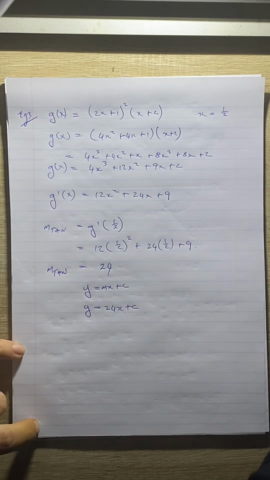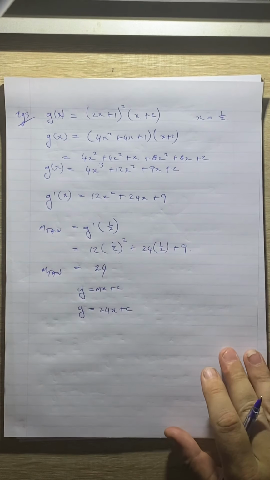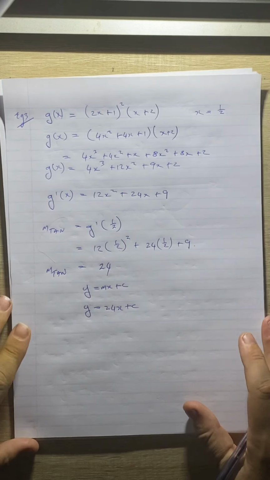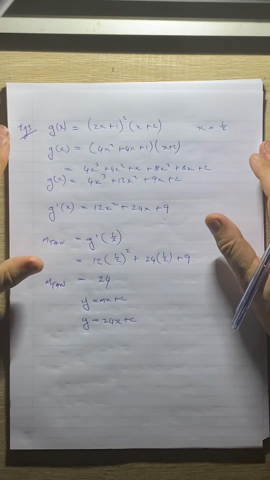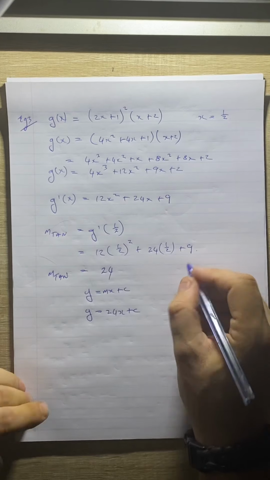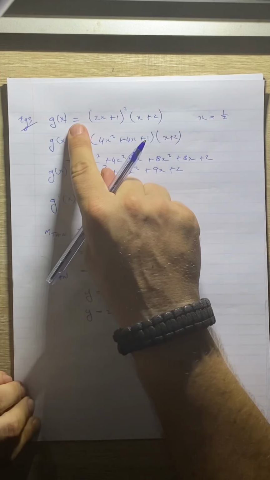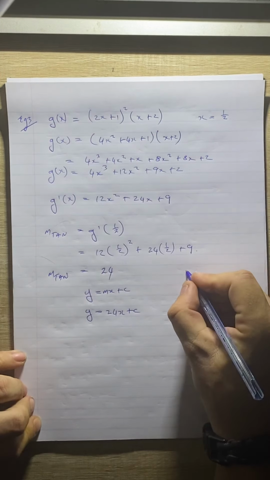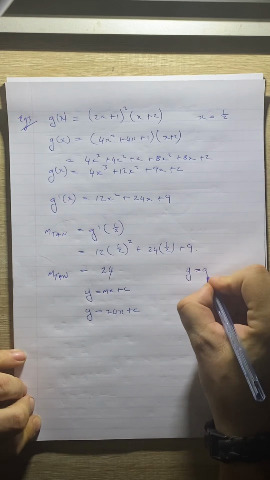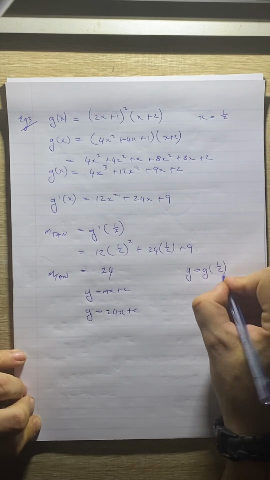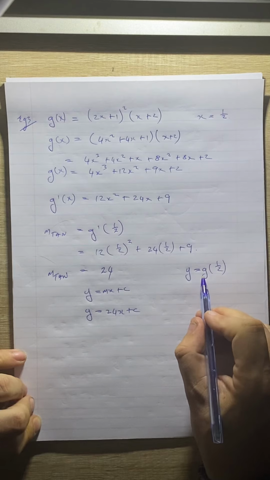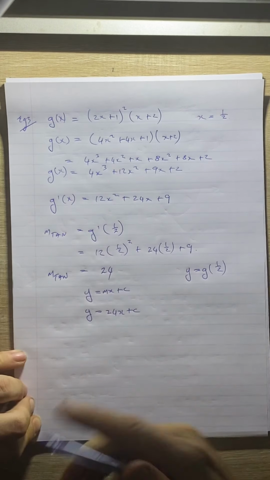Now, what we need to do now is we need to find the point of contact. So I'm just going to do this on the side, and I'm going to take my x value, plug it into here to find out the corresponding y value. So y is equal to g of a half, the original function. Hey, grade 12s, not the derivative function.